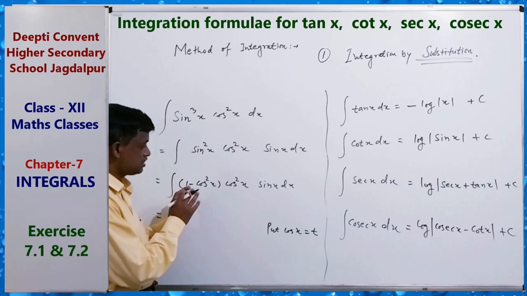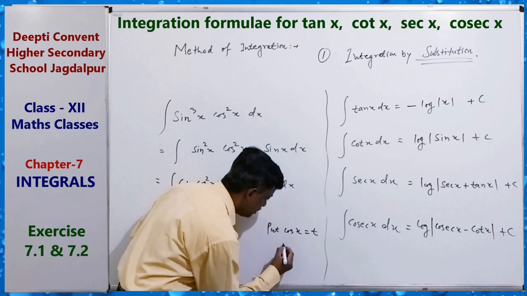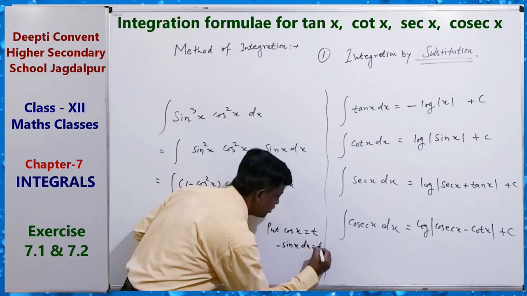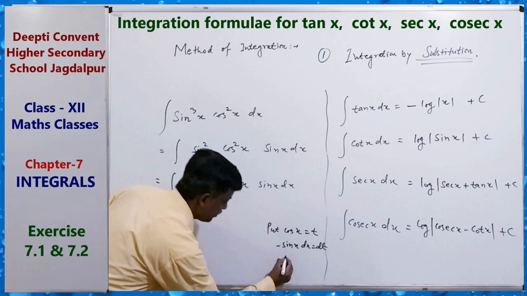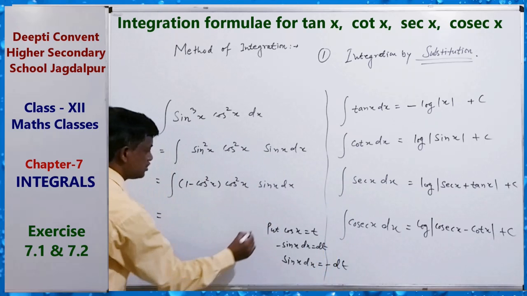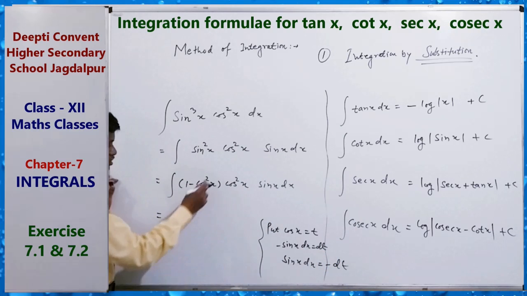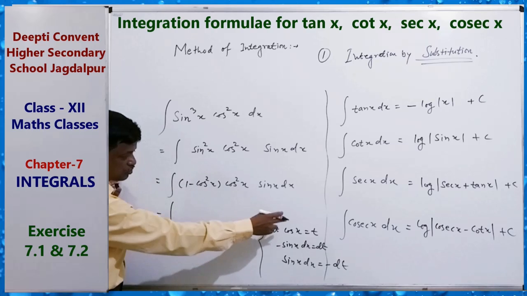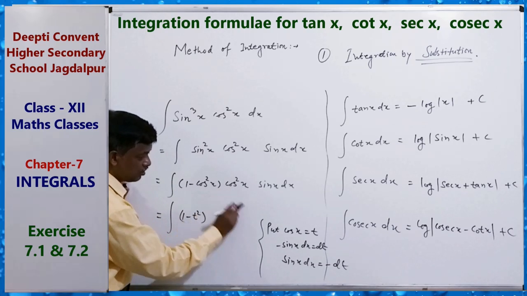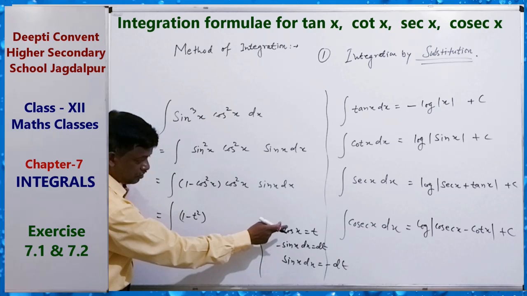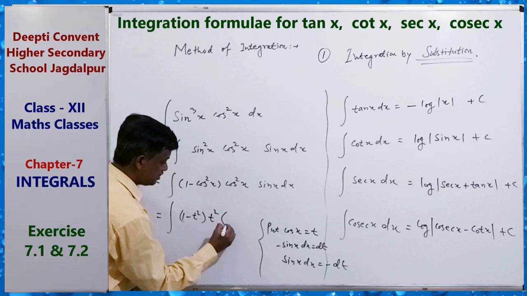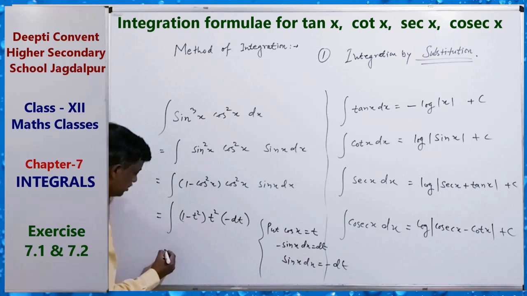So here cos x equals to t. If we put cos x equals to t, then derivative of cos x, minus sin x dx equals to dt. That is sin x dx equal to minus dt. So by this substitution, we get 1 minus t square, cos square x equals to t square, and sin x dx equals to minus dt. This is equals to what?